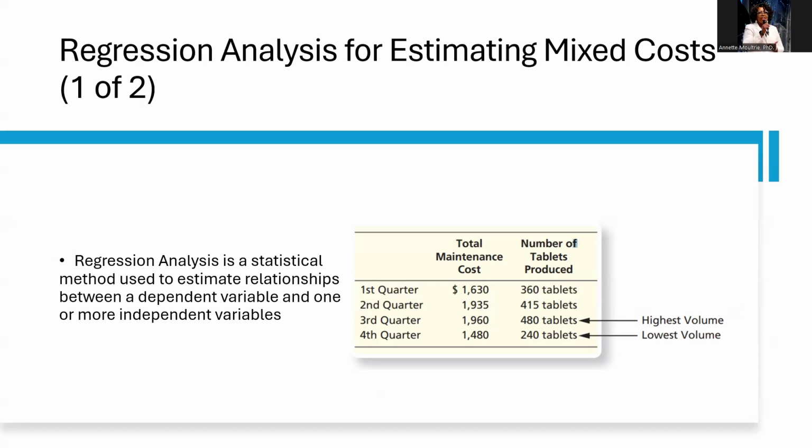And here you see on this table that the highest volume is produced in the third quarter and the lowest volume is produced in the fourth quarter. The highest in the third and the lowest in the fourth quarter.